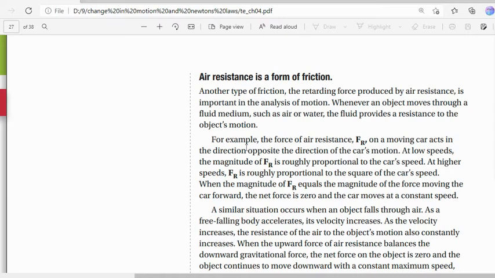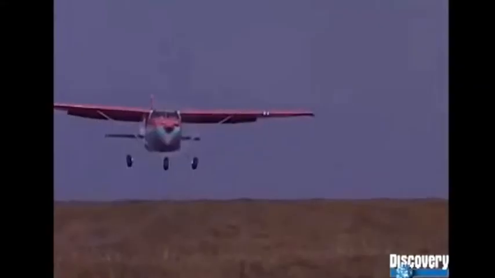A very easy example to understand about air resistance is free fall. Now let's watch this video together to understand how the net force becomes 0 when the speed becomes constant.